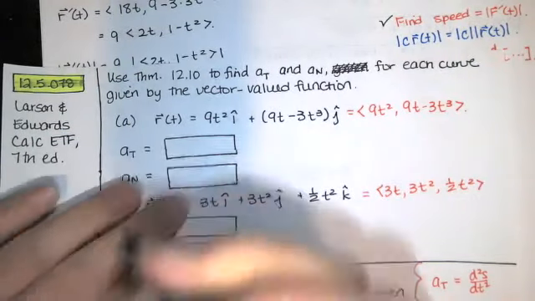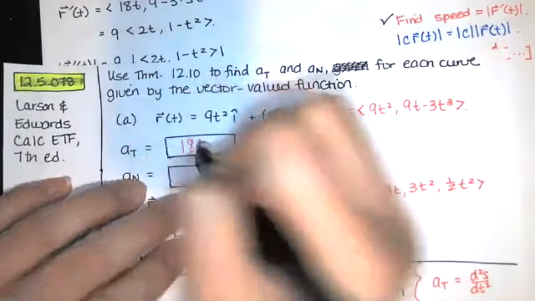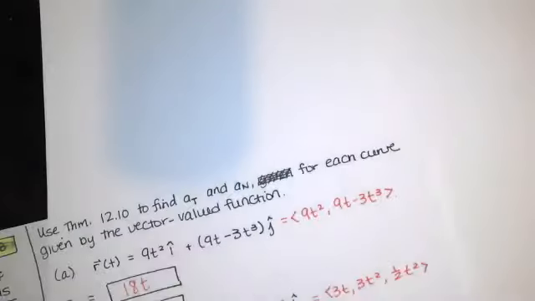That's one way of finding a sub t. Now, the method that I recommended for finding a sub t is a little different. But you could use this method as well.